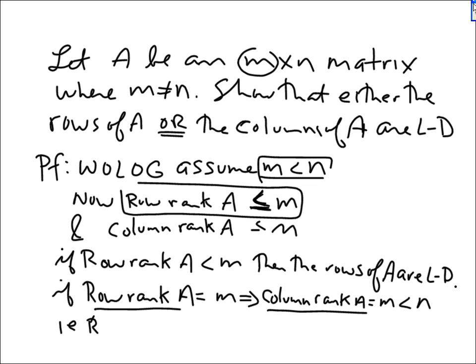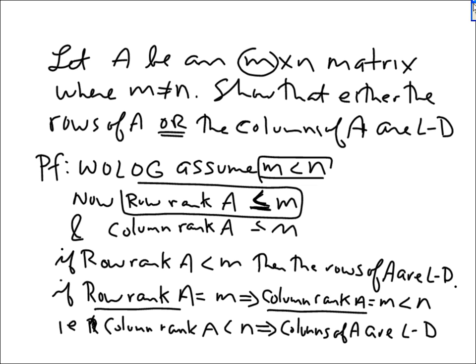That is, the column rank of A is less than n. That means the columns are dependent. That implies the columns of A are linearly dependent. And that completes the proof.